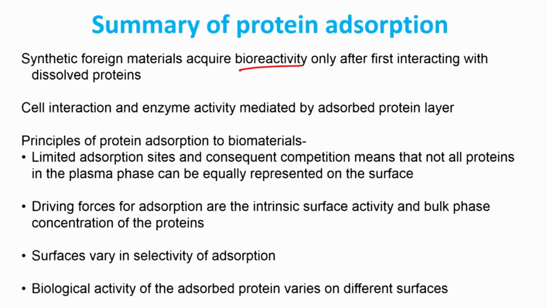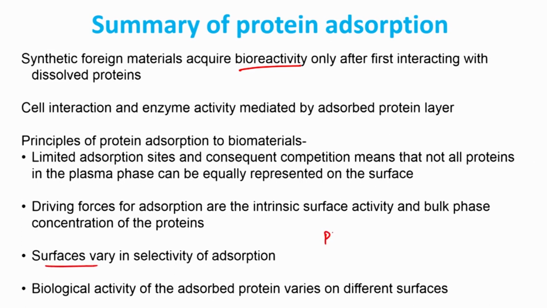And then there are some principles of protein adsorption. There are limited adsorption sites, and so there is a lot of competition between the proteins to get represented on the surface. And then there are driving forces, this could be several things, could be the hydrophobicity and all. These surfaces themselves are going to change, right.